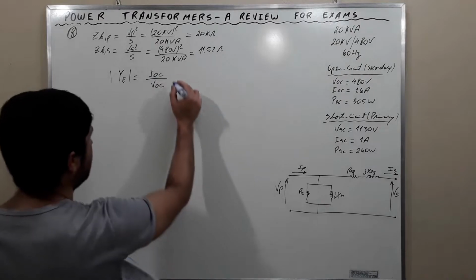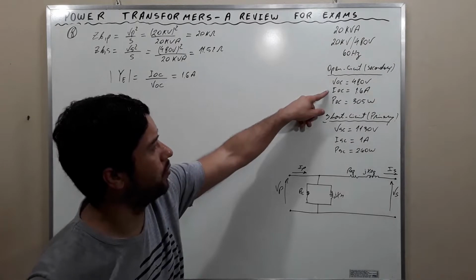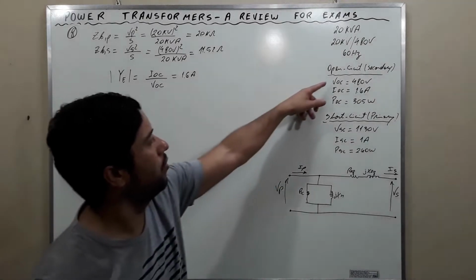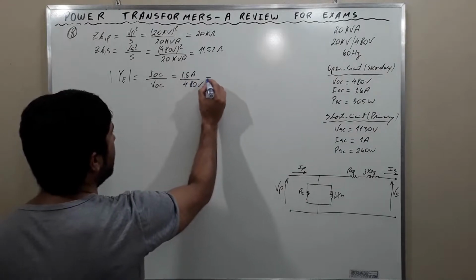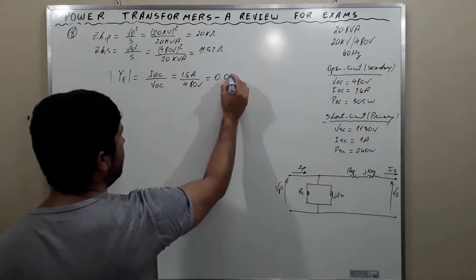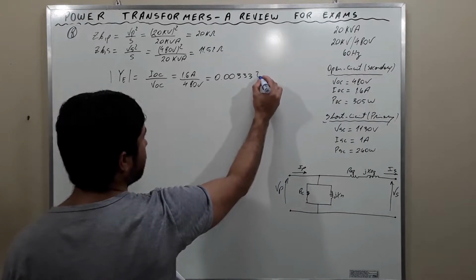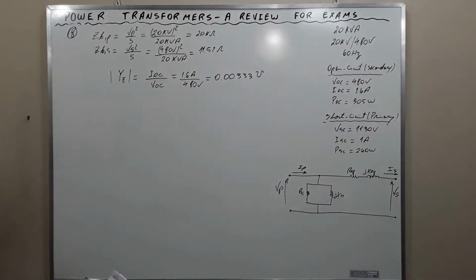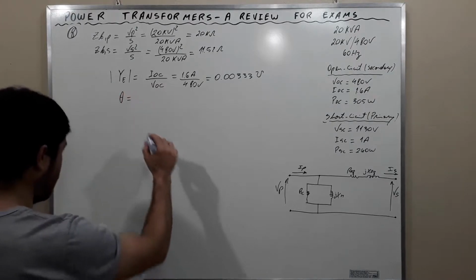Okay, and it is 1.6 amps divided by 480 volts, and this is equal to 0.00333. And the angle, we already know how to calculate the angle.